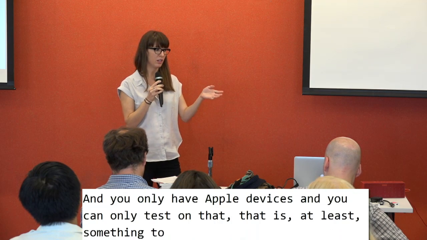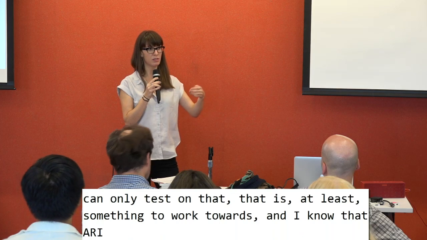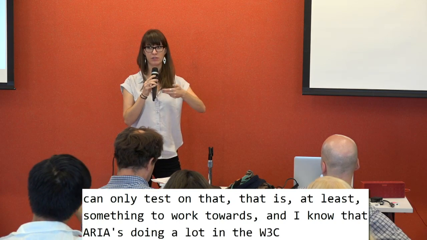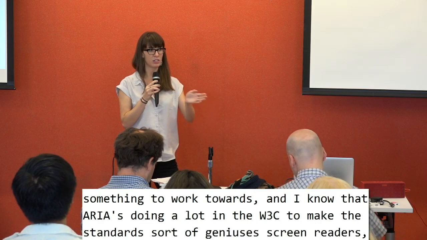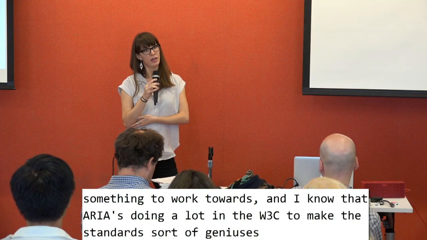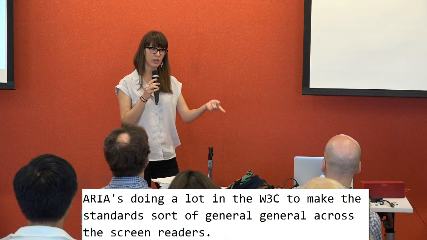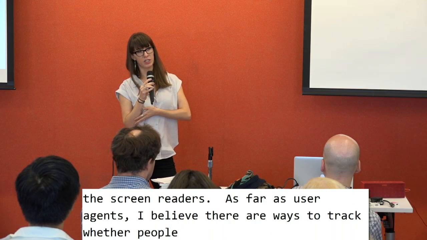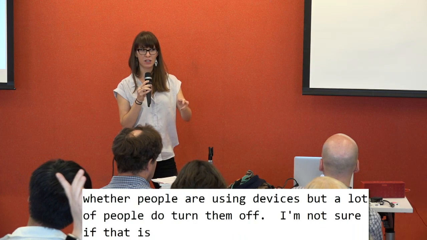And I know that ARIA is doing a lot, and the W3C, to make the standards general across the screen readers, and hopefully they should hook on to the proper HTML elements. As far as user agents, I believe there are ways to track whether people are using devices, but a lot of people do turn them off. I'm not sure if that is around anymore. I know that it used to be.